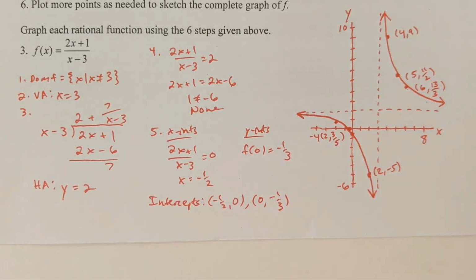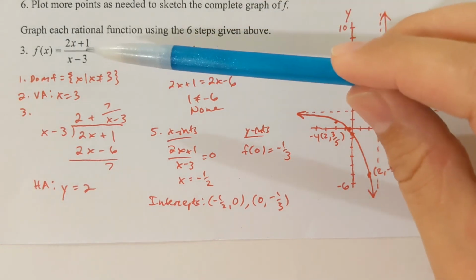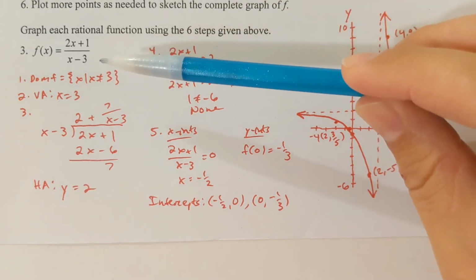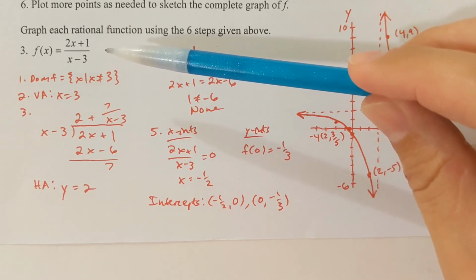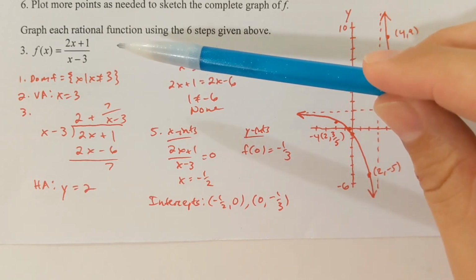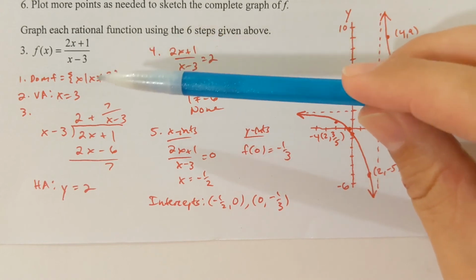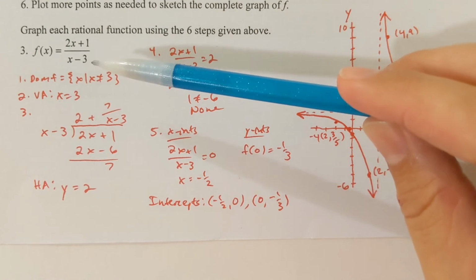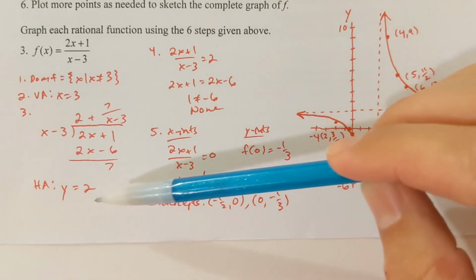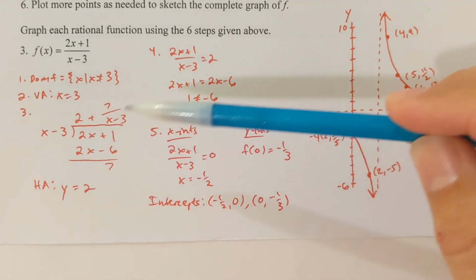Step 3 is, because the degree of the top matches the degree of the bottom, I've got a degree 1 polynomial divided by a degree 1 polynomial, so I can compare the leading coefficients. 2 over 1 is 2, and I can also divide.